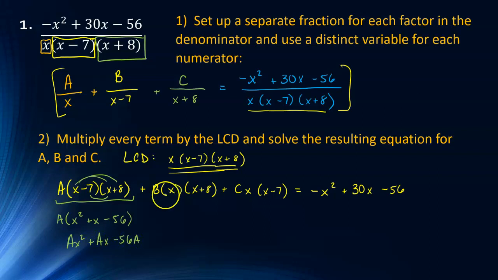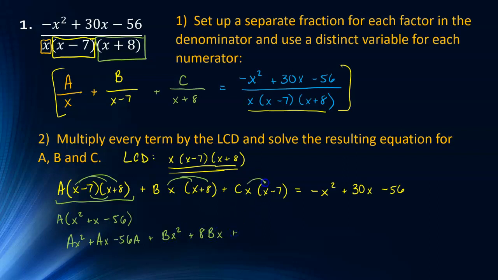All right, with the next one, I can look at this as being bx instead of b times x. We don't really need the parentheses, but if we distribute the bx through, we would get bx squared plus 8bx.